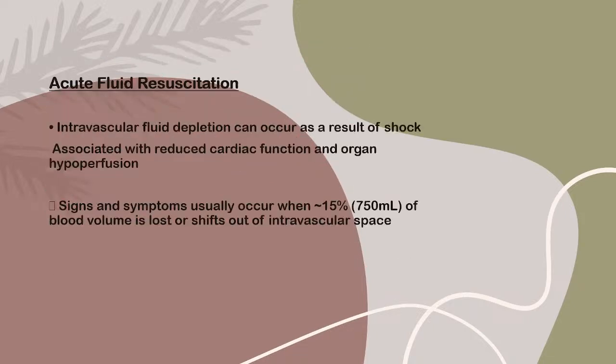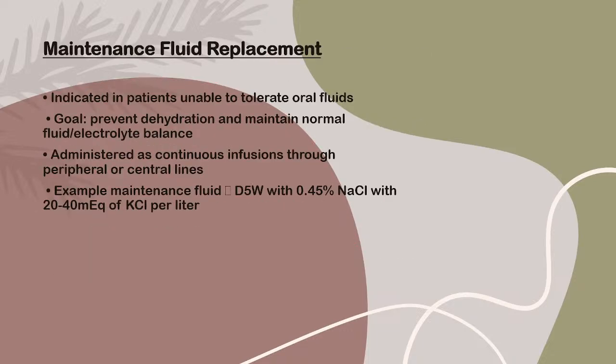This was about acute fluid resuscitation, but sometimes maintenance fluid replacement is also required. First we have resuscitated the patient, now we need to keep up maintenance fluid, mainly in patients who are unable to tolerate oral fluids. The goal of this maintenance fluid is to prevent dehydration and maintain normal fluid and electrolyte balance in the adult body.